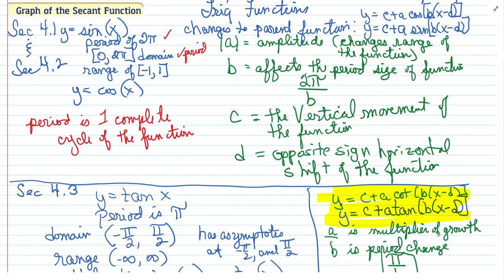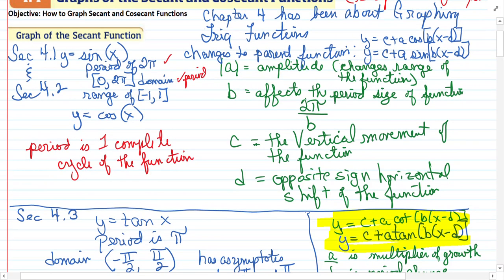Remember, it's a cycle. So then from that point, we learned that we could have the function look as y equals c plus a cosine bracket b parenthesis x minus d parenthesis bracket.